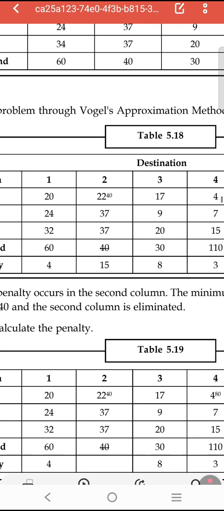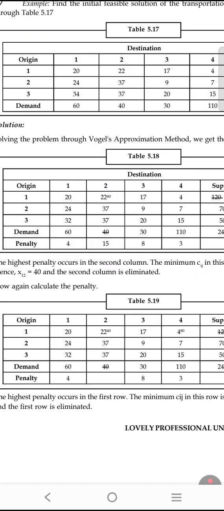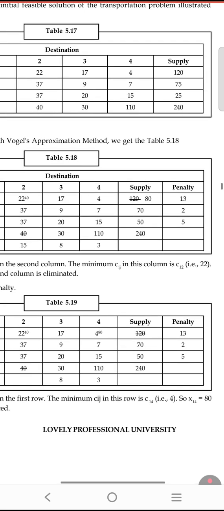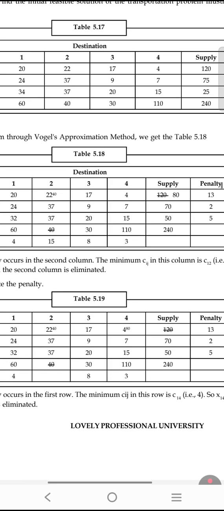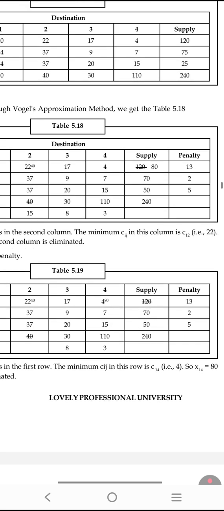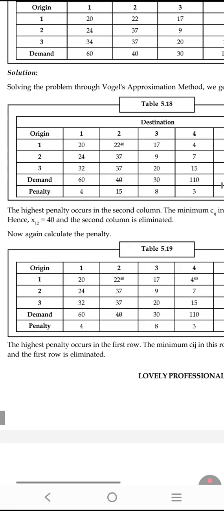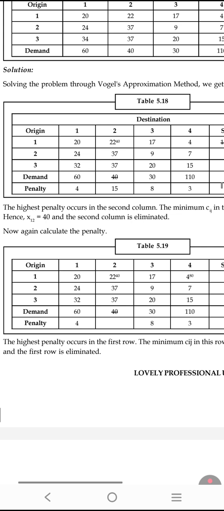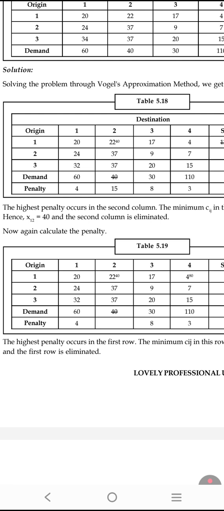In the second row, the smallest cost is 7 and the next smallest is 9, so the penalty is 2. In the third row, the smallest cost is 15 and the next smallest is 20, so 20 minus 15 is 5. We do not consider the second column, since it has been crossed out. For the first column, the smallest cost is 20 and the next smallest is 24, so the penalty is 4.